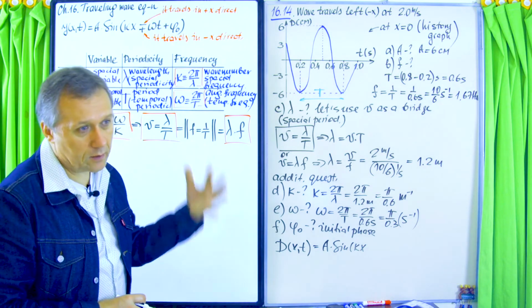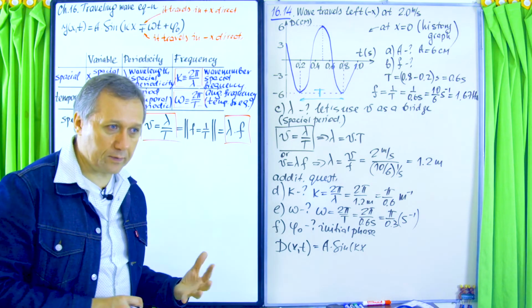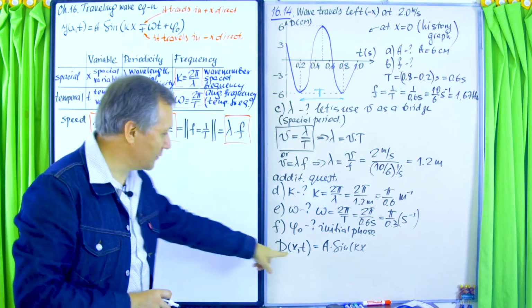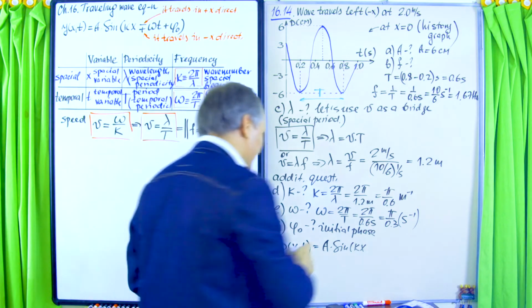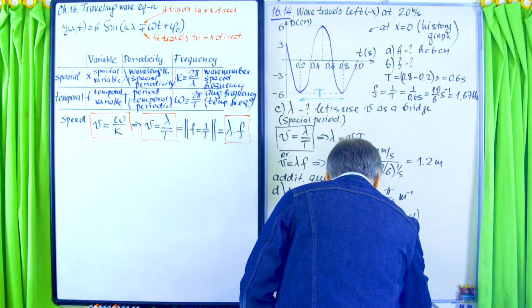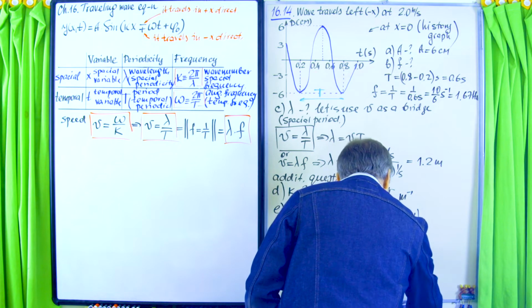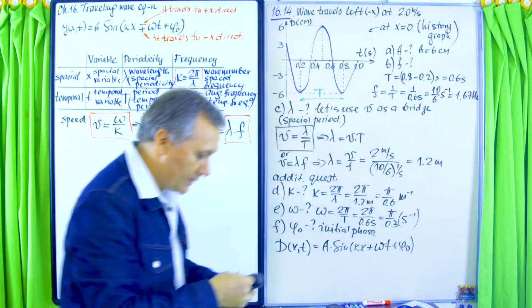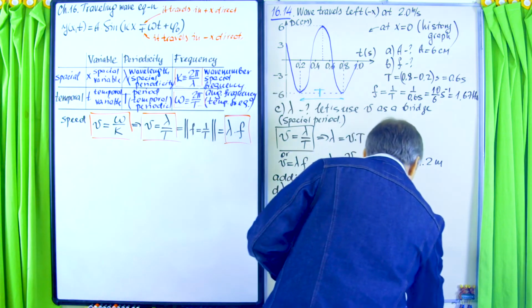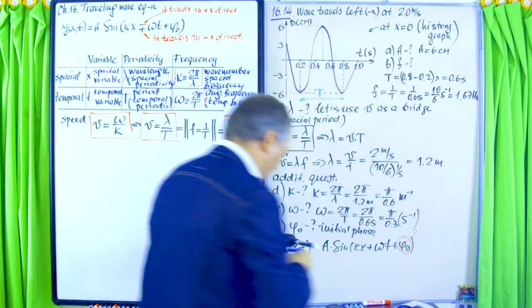Again, it's a place for mistakes, but less often, relative to the axis of propagation. So then plus omega t and plus phi naught.